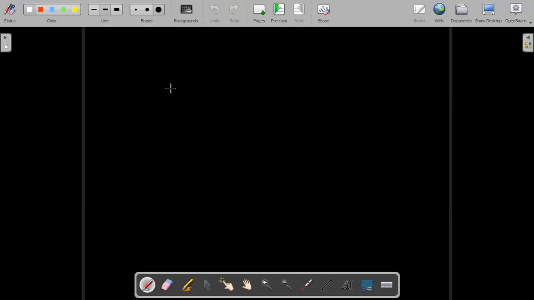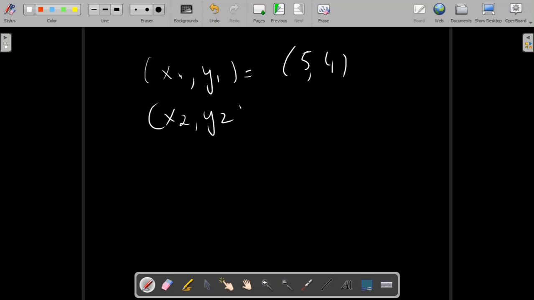So let me write the points that we're going to be using. For x1 and y1, we're going to use the points 5 and 4. For our point after, point 2, the point we're going to be using is 9, 0.